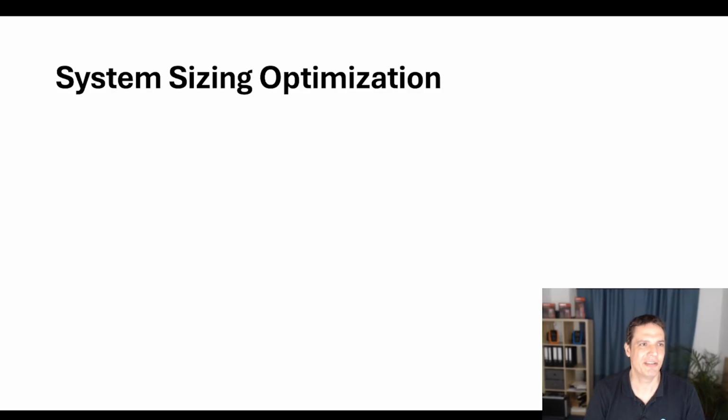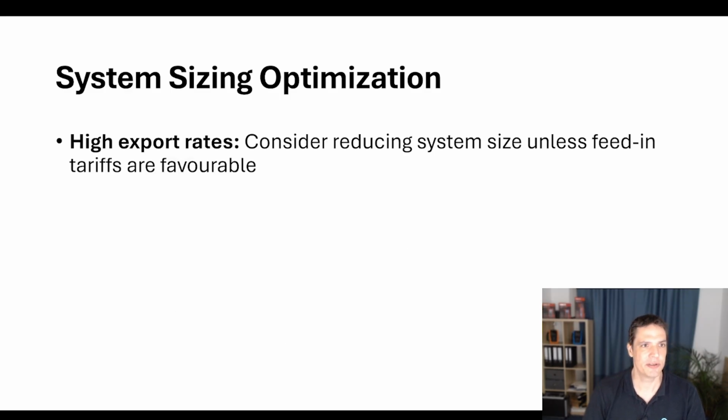Great, so let's have a look at some system sizing optimizations to keep in mind. Firstly, if you've got high export rates, you can consider reducing your system size. Unless you've got good feed-in tariffs, then it might be favorable to maximize your system and take advantage of these tariffs.